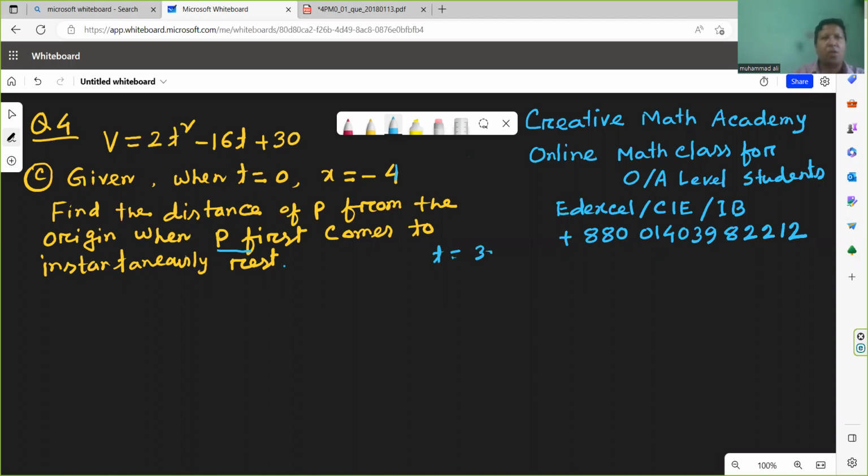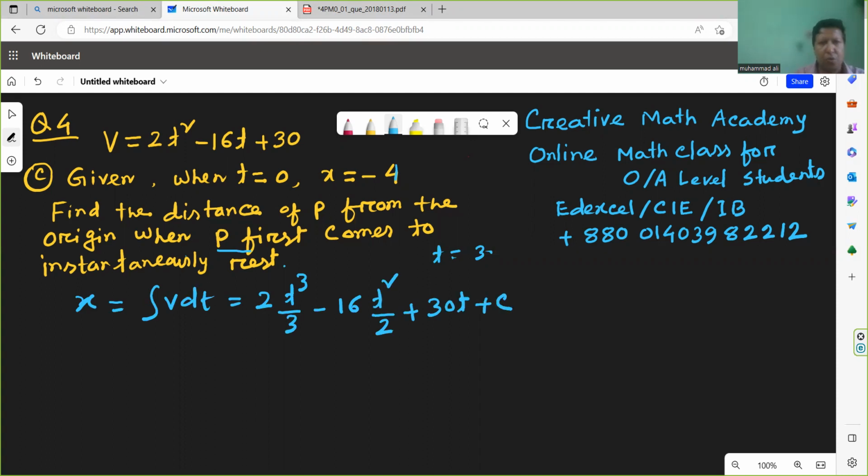So from velocity, if we want to find the displacement, we have to integrate v with respect to t. If we integrate v, we will get 2t cubed by 3 minus 16t squared by 2 plus 30t plus c.